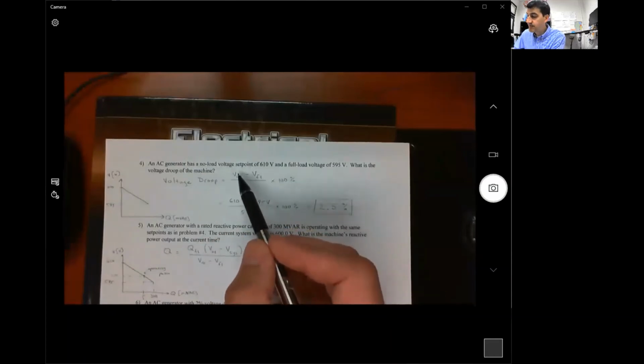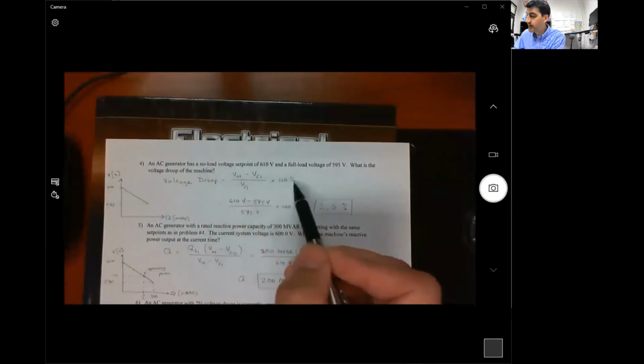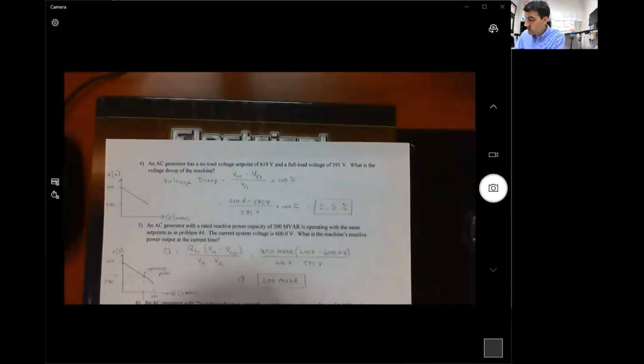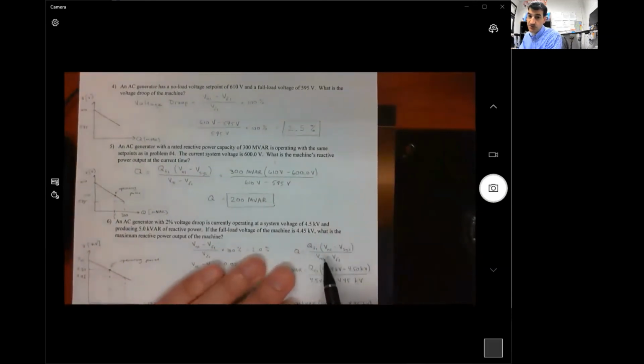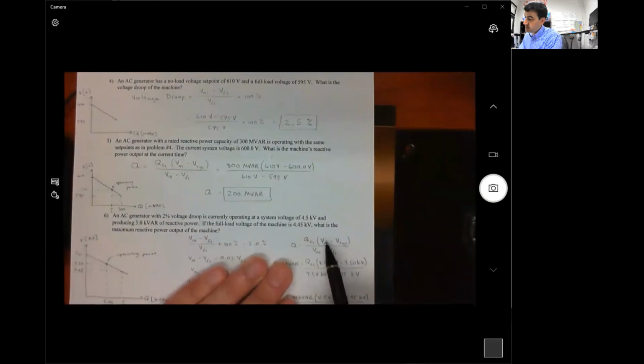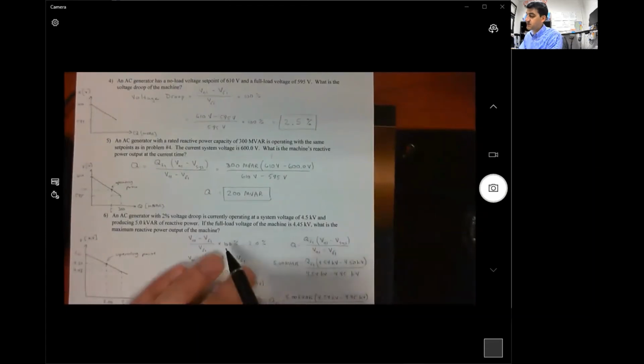So I can solve for the no load voltage with the droop equation. And then once I know the no load voltage, I can plug that into the reactive power equation and solve for the full load reactive power, which is the maximum reactive power of the machine. So that's what I'm going to do. This is the equation that I want to use, but I can't yet because I don't know the no load voltage, so I've got to use the droop equation first.